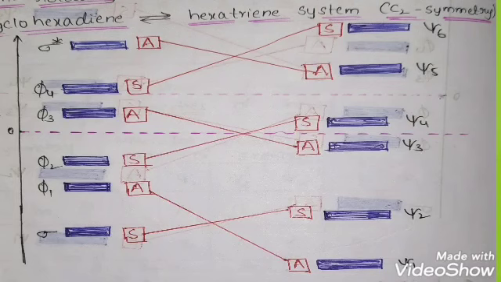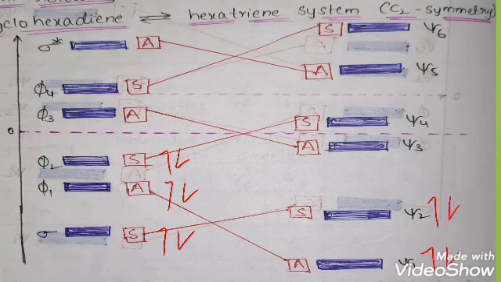However, under photochemical condition, the electron configuration is changed. The ground state electron configuration of cyclohexadiene is sigma 2, pi 1 2, pi 2 2. Similarly, the ground state electron configuration of hexatriene is psi 1 2, psi 2 2, psi 3 2.